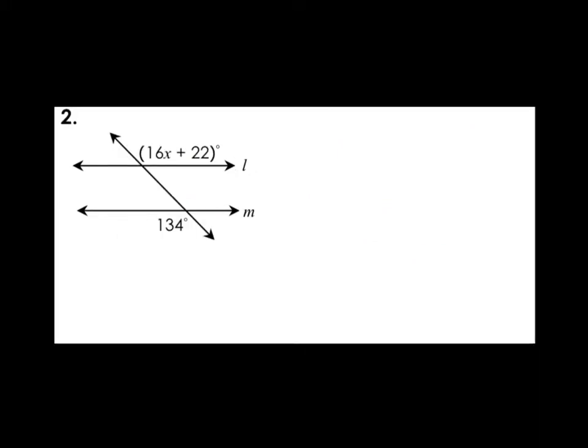All right, number 2, we have 16x plus 22, and we have 134. So these are on opposite sides, which means they're alternate, and they are on the outside of the parallel lines. So our angle relationship here is that they are alternate exterior. Alternate exterior angles are also congruent.